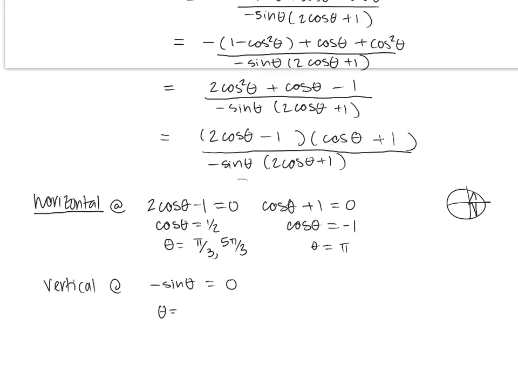What are they? 0 and pi. And then also if 2 cosine theta plus 1 is 0, so that's cosine theta is negative a half. What angles are those? 2 pi thirds. Mm-hmm. And 4 pi thirds. Mm-hmm. Yeah.